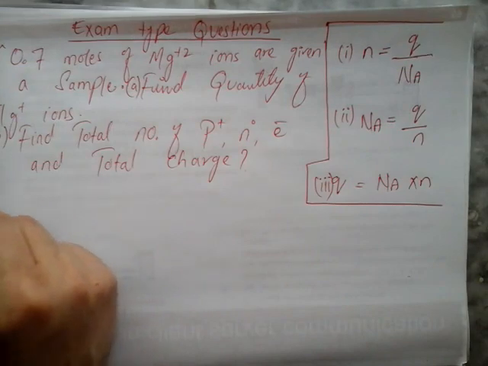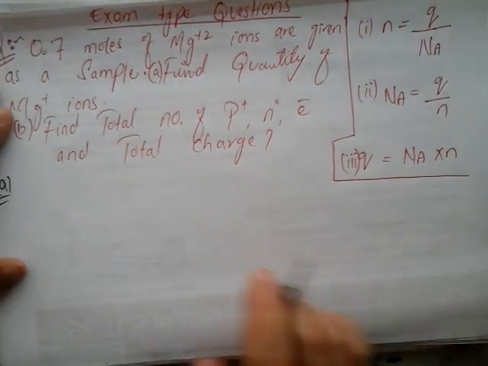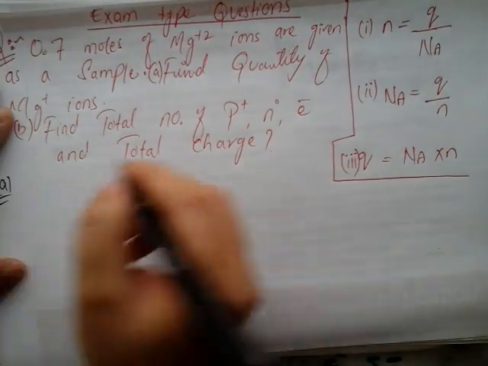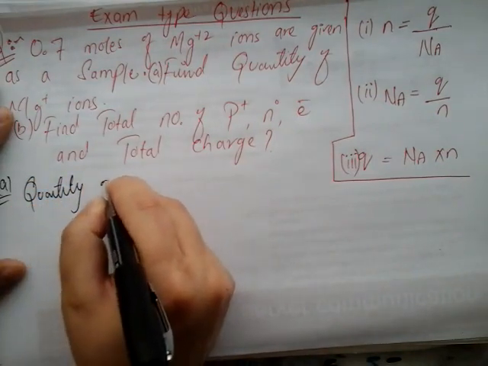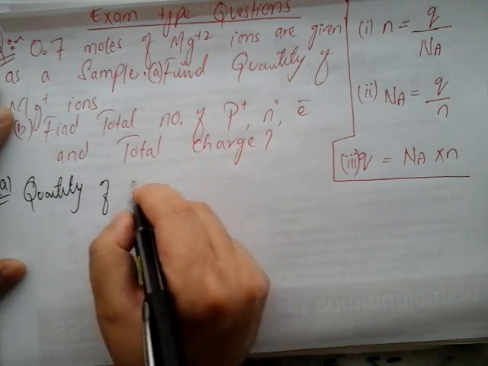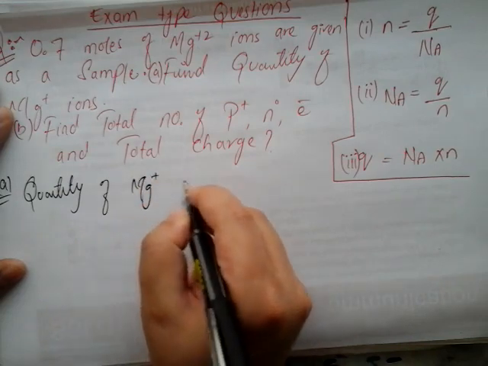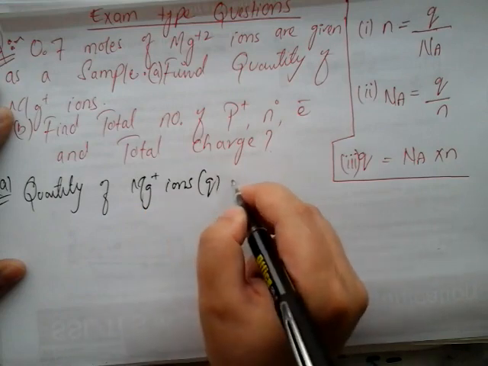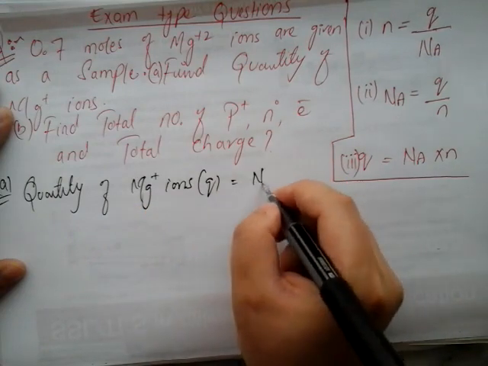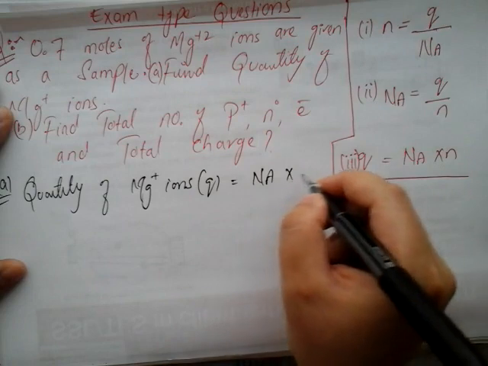So starting with part A, the quantity of magnesium ions is equal to the number of moles multiplied by Avogadro number.